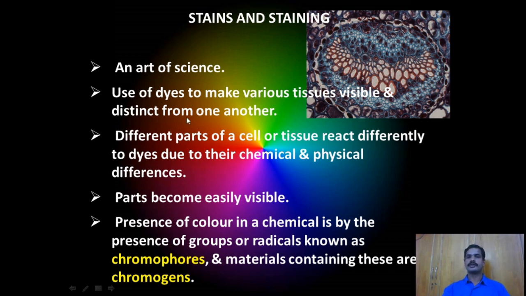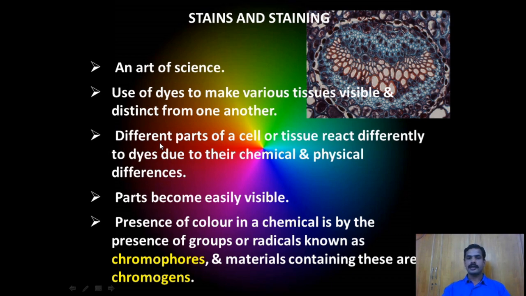The procedure of staining increases contrast between different tissues and different cells. Different parts of a cell or tissue react differently to dyes due to their chemical and physical differences, and that property is used in staining in microscopy. Then the parts become easily visible.